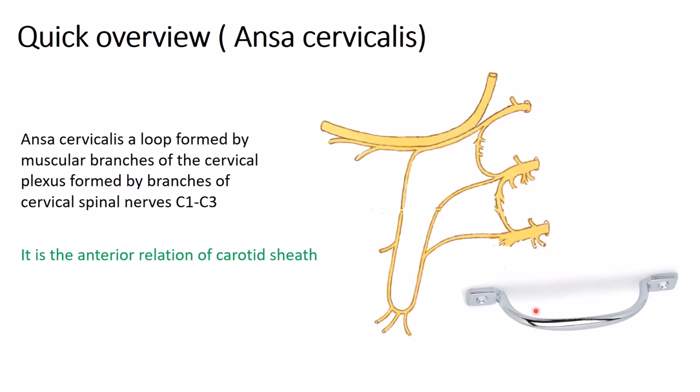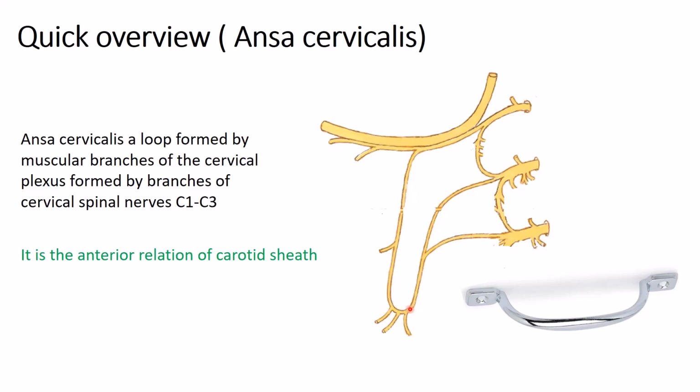The ansa cervicalis is a loop just like this, formed by muscular branches of the cervical plexus, from cervical spinal nerves C1, C2, and C3. Here, this is C1, this is C2, this is C3. They all give branches. This is a branch from C1, this is a branch from C2, this is a branch from C3. Together, they form what is called the ansa cervicalis.